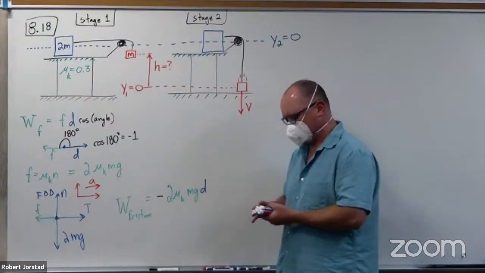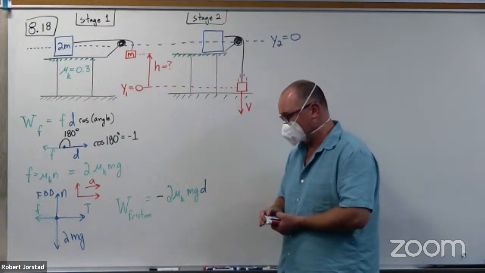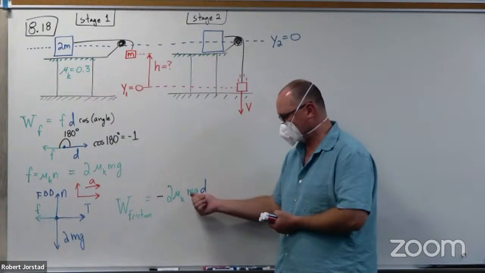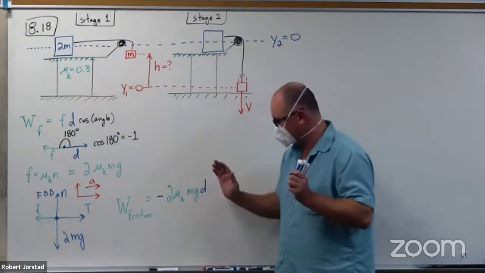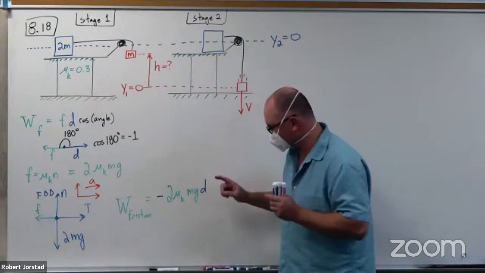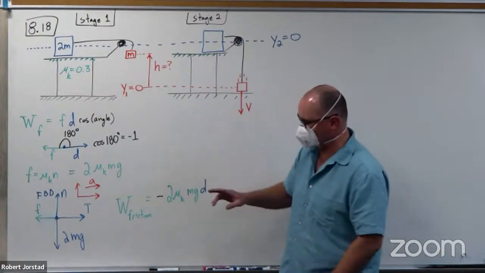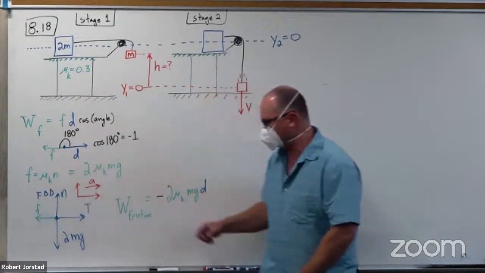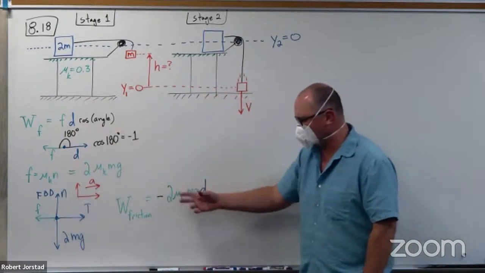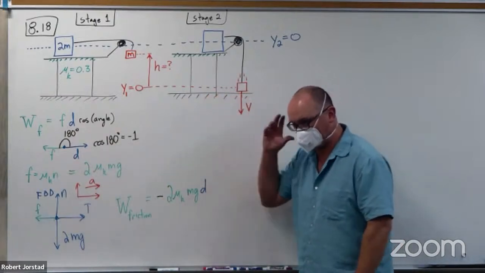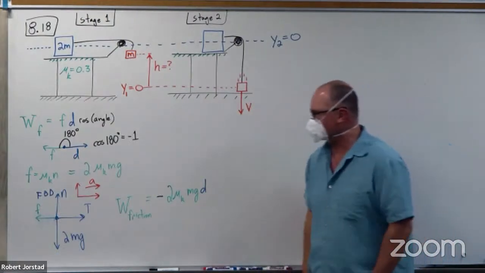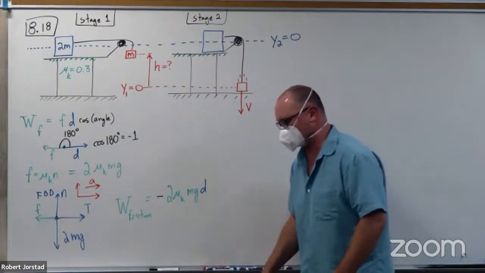Now, this seems really stupid, but when I'm doing work done by friction, I think about Miller Genuine Draft. It helps me remember there should be a d there, because you're going to forget that there's a distance. You're going to do all this effort to figure out the force, and then forget the distance. It's like MGDs: the more work I do, the more MGDs I need. If that works for you, great. If it doesn't, whatever. You guys probably don't even drink, right?